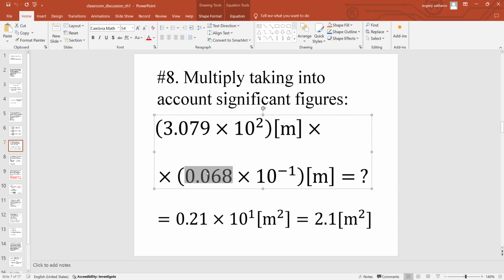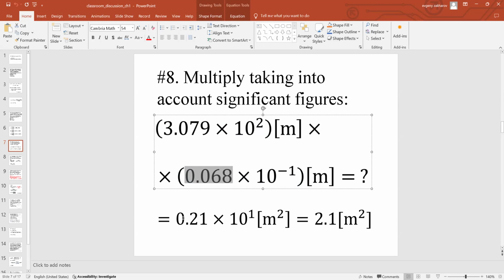This 0, not significant. It's only 6 and the 8 that are significant, so you only have 2 sig figs. So it's 4 sig figs multiplied by 2 sig figs. And you have to go with the least amount given. Least amount is 2.